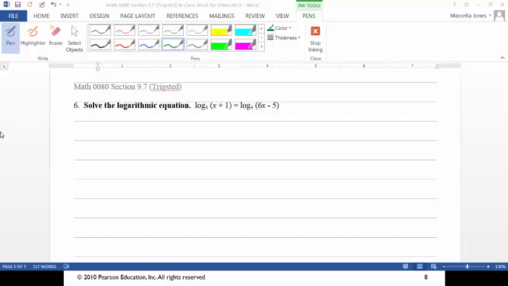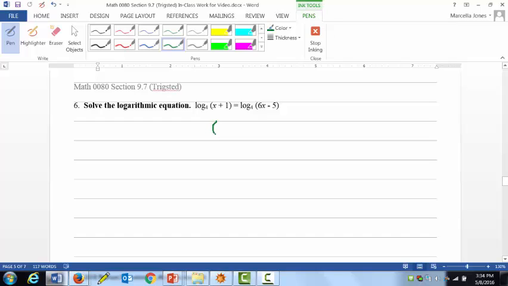So let's look at solving the logarithmic equation base 4 log of x plus 1 equals base 4 log of 6x minus 5. Now we have a couple of ways we can solve this, but the easiest way, since there is exactly one base 4 log on the left and exactly one base 4 log on the right of the equals, is to merely set the inputs x plus 1 and 6x minus 5 equal to each other.